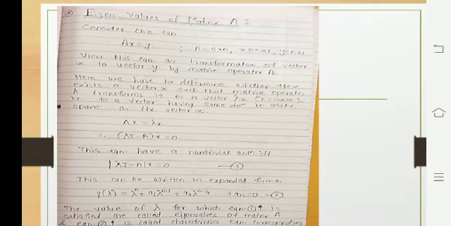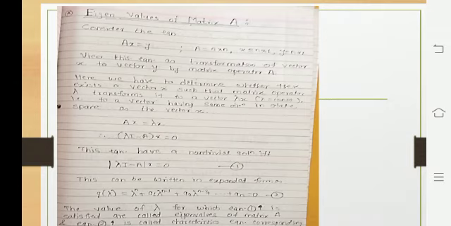Because A, x and y are matrices, not single values. So if we take x as common, lambda I is remaining, where I is the identity matrix. So lambda I minus A.